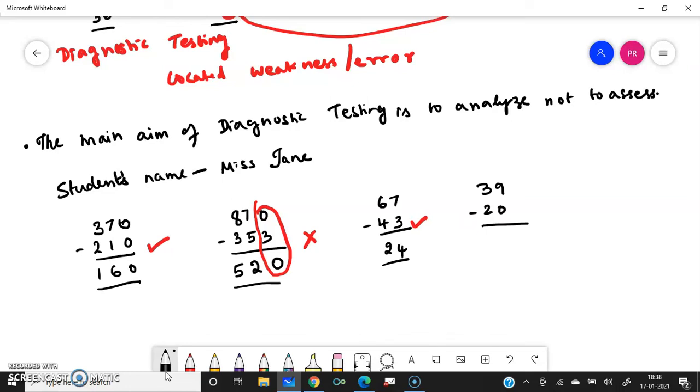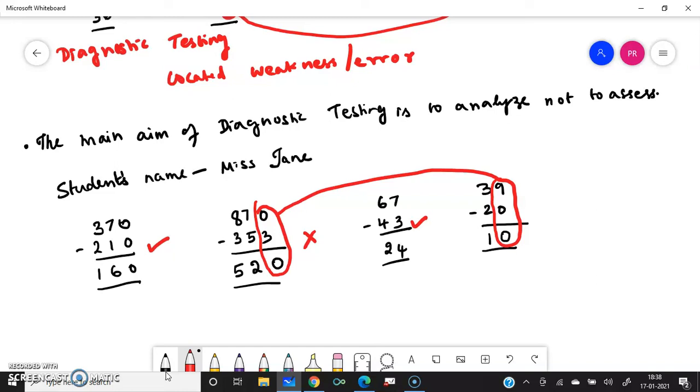He has written 10, right? 9 minus 0 is 0. See where exactly? 0 minus 3 is also 0, 9 minus 0 is also 0. This is what the child has done. Similarly, you have to analyze the other questions also. So clearly we understand where exactly the child has made the mistake.